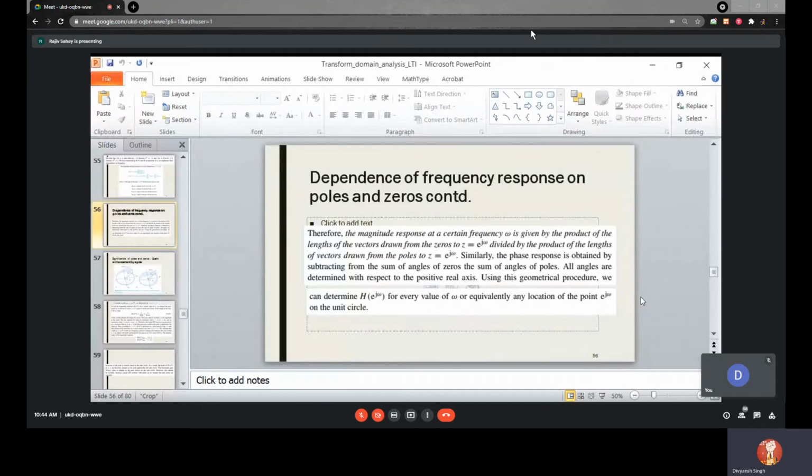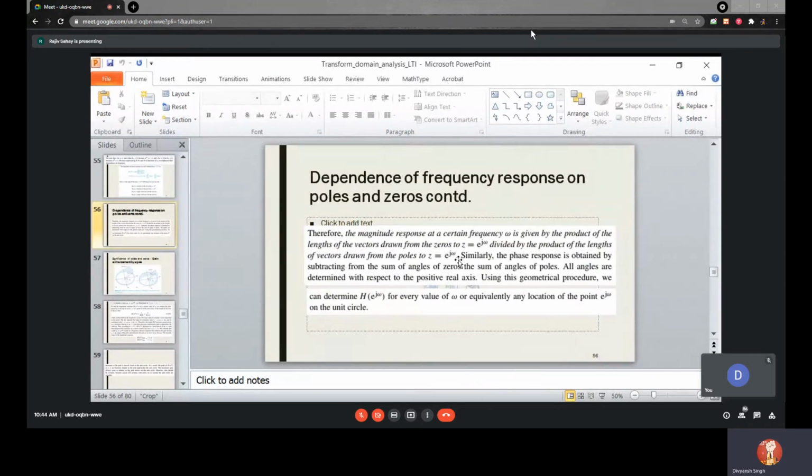So this is the explanation. If you read this, it says that the magnitude response at a certain frequency omega is given by the product of the lengths of the vectors drawn from the zeros to z equal to e to the power j omega, divided by the product of the lengths of vectors drawn from the poles to z equal to e to the power j omega.